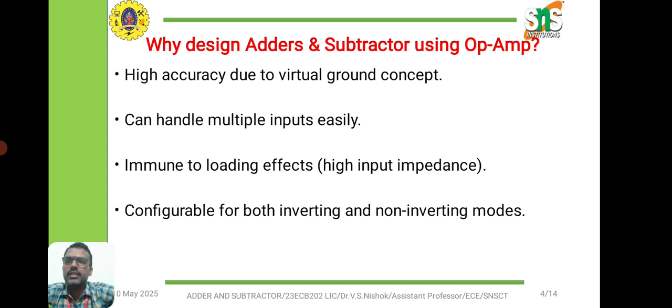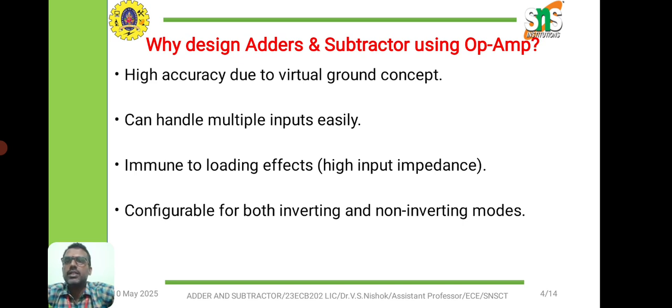Why are we designing these adder and subtractor circuits using operational amplifiers? The main reasons are high accuracy due to the virtual ground concept, easily handling multiple inputs, immunity to loading effects, and being configurable for both inverting and non-inverting modes.